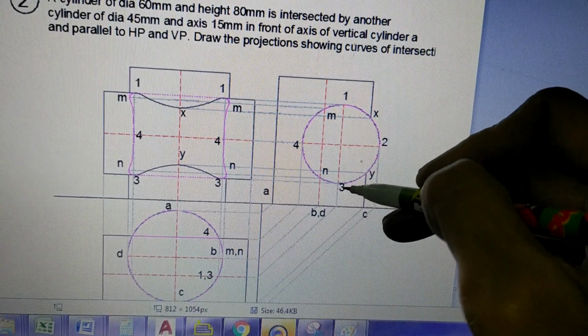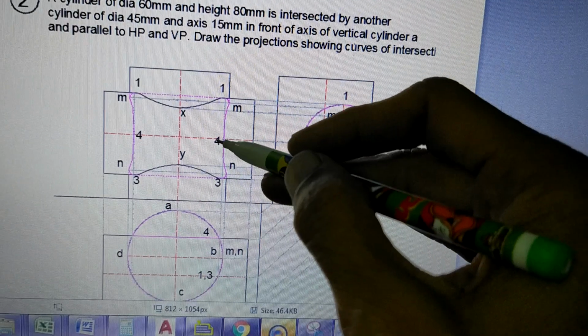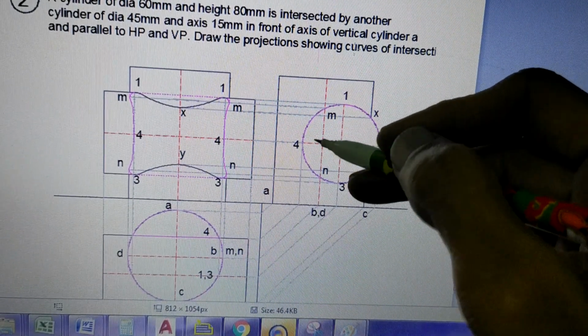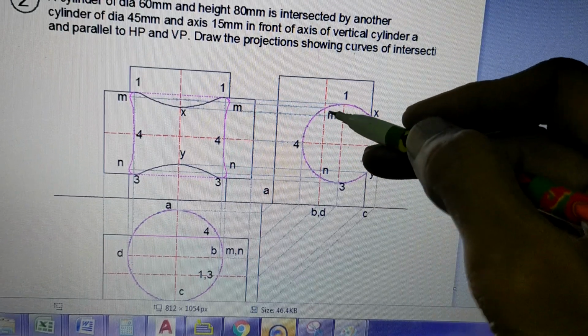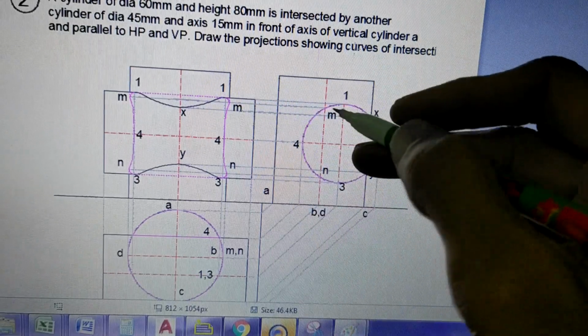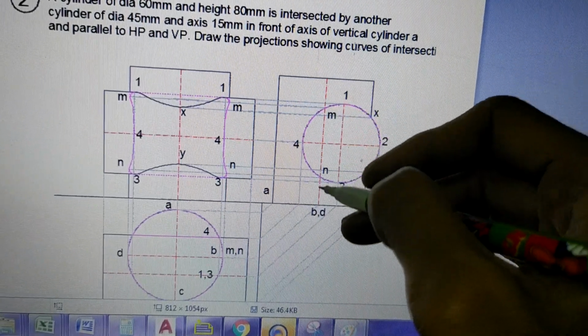So we have got 3N4. So we have come up to 4. Now 4M1. 4 is already there, 1 is already there. Now we have to mark only point M. Now where is point M? M is on this generator BD.